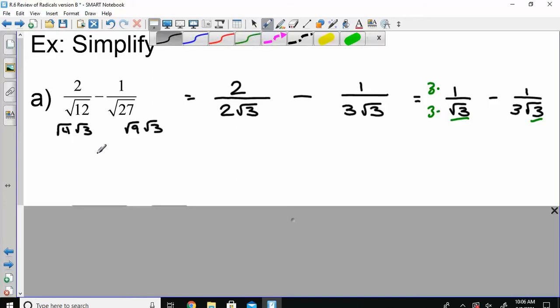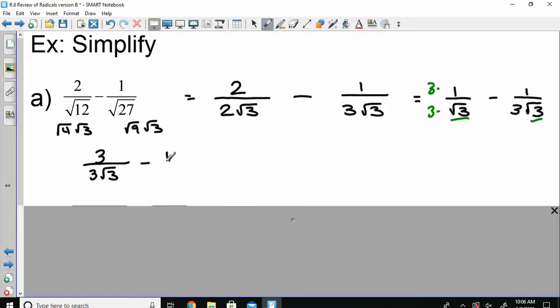So that would give me, since the denominators are the same, now I can subtract the tops. 3 minus 1 is 2 over 3 radical 3. So now, if I want to get the radical off the bottom, what do we multiply by?